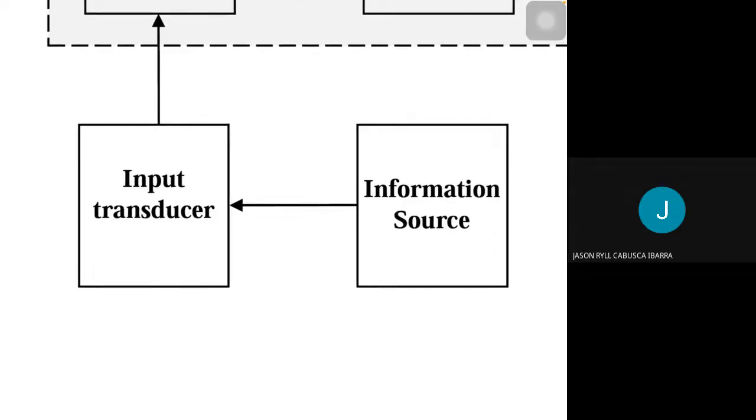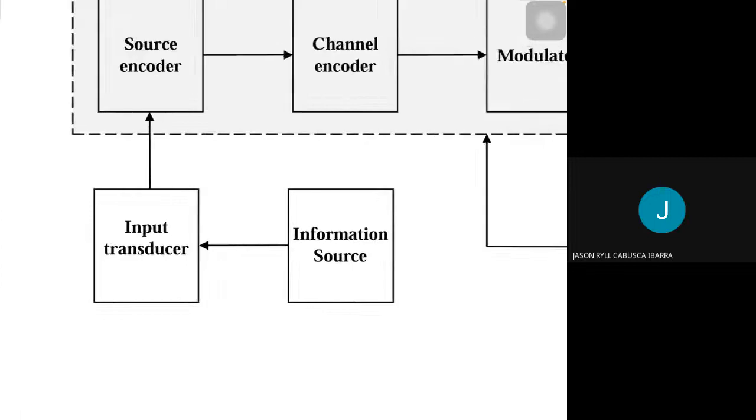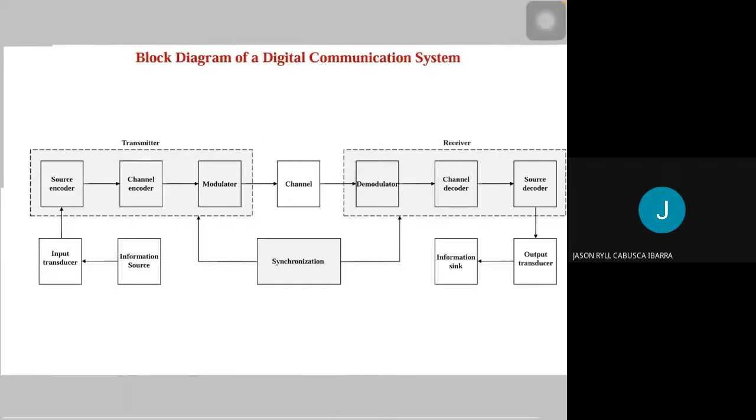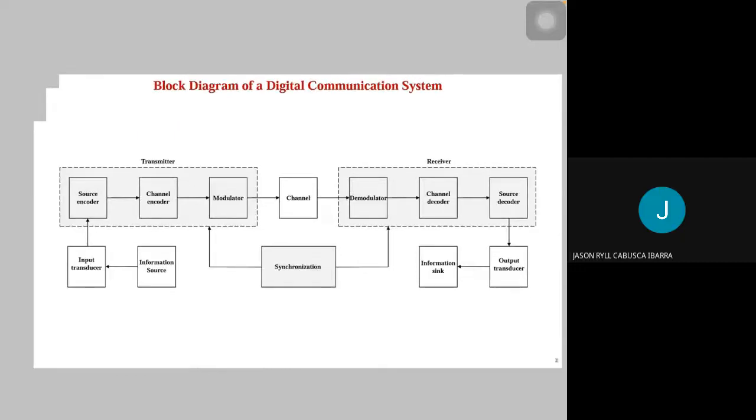Even in analog, or the usual communication system, there is an input transducer, but it goes directly to the modulator. Not shown here, but essential are those conventional processes or block diagrams like the filters, oscillators, and carrier generator, all those things.